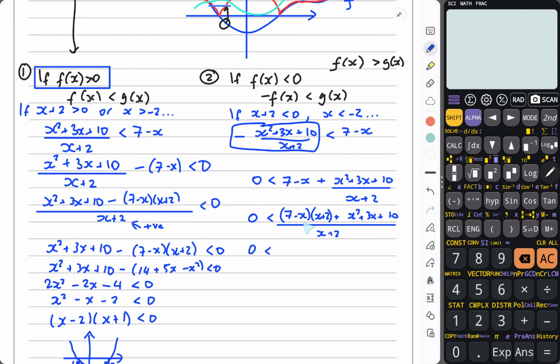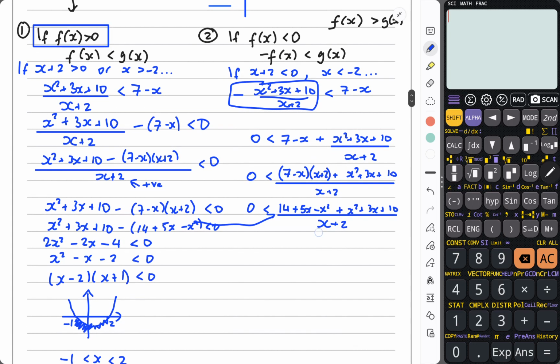I need to expand this, so I'm going to get, again, 14, plus 7x minus 2x, that's plus 5x. That's the same as what we expanded before. I'm wasting time with this. Minus x squared, same as that bit that was there. And then plus x squared plus 3x plus 10, all over x plus 2.